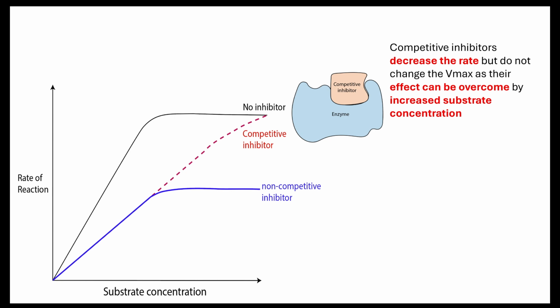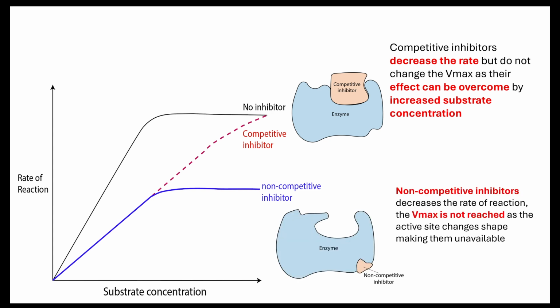So if there is a fixed volume of this competitive inhibitor, the more we increase the substrate concentration, we can overcome that inhibition and reach that Vmax. So basically, when you look at the graph, if the lines get up to the top where it plateaus, that indicates it's a competitive inhibitor which was decreasing the rate but was overcome by an increase in substrate concentration.